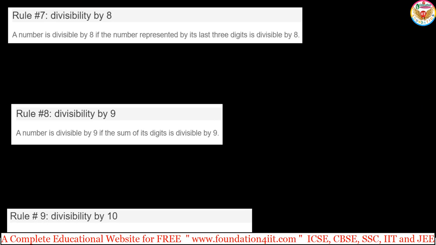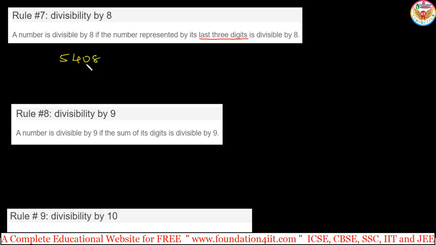Next, rule for 8. This is the same as the rule for 4, but in this case the last 3 digits. If the last 3 digits are divisible by 8, then the number is divisible by 8. Let's take the example 5408.